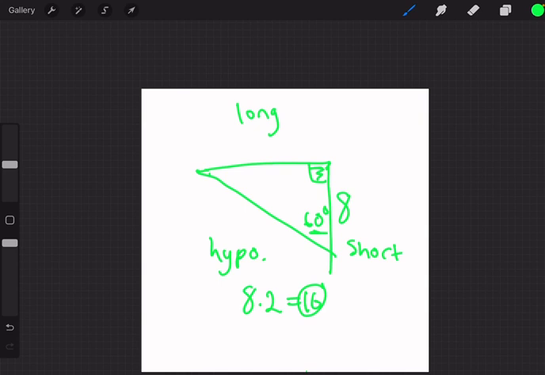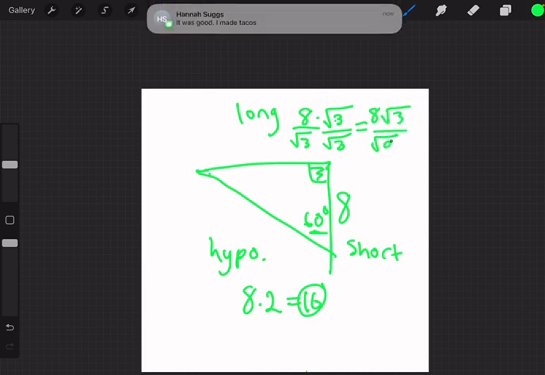And to find the long leg from our short leg, all you need to do is divide by the square root of 3. So, let's do 8 divided by the square root of 3, but we know that we can't leave a radical in the denominator, so we need to multiply that times the square root of 3 over the square root of 3. So that is going to be 8 times the square root of 3 over the square root of 9.